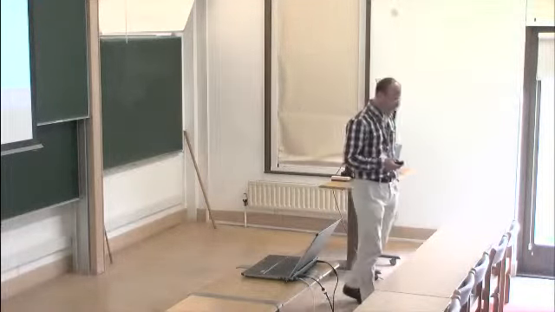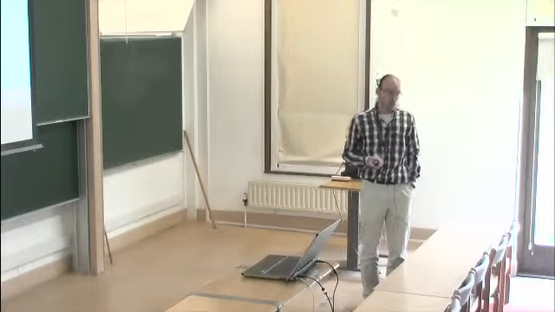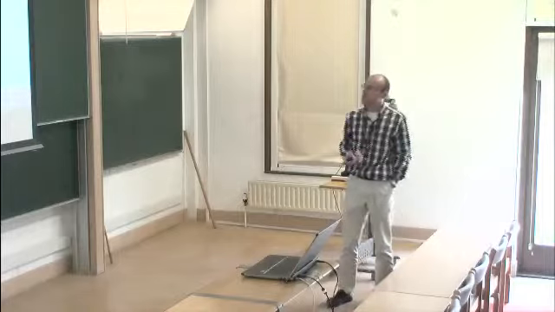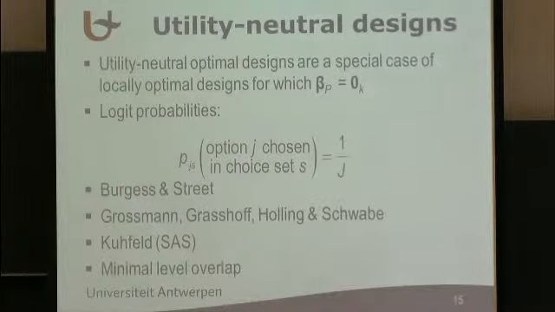One special case of a locally D-optimal design approach is the utility-neutral approach that has been used quite a lot in the literature. In that approach, the educated guess you use is just a zero vector. You assume that all the betas are zero. In that case, the logit probabilities simplify substantially.